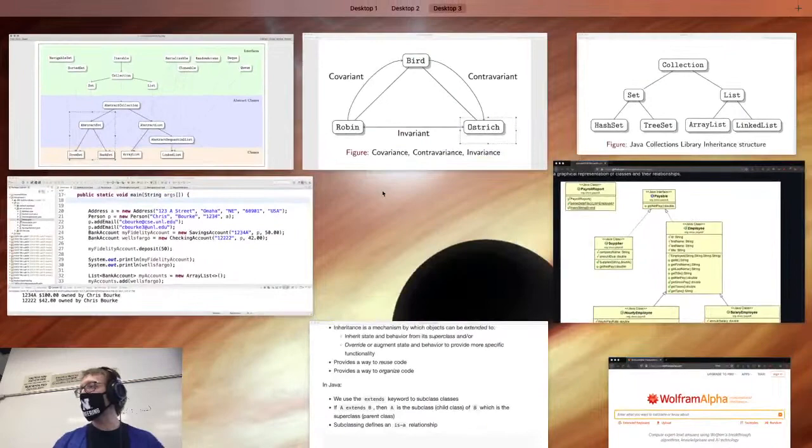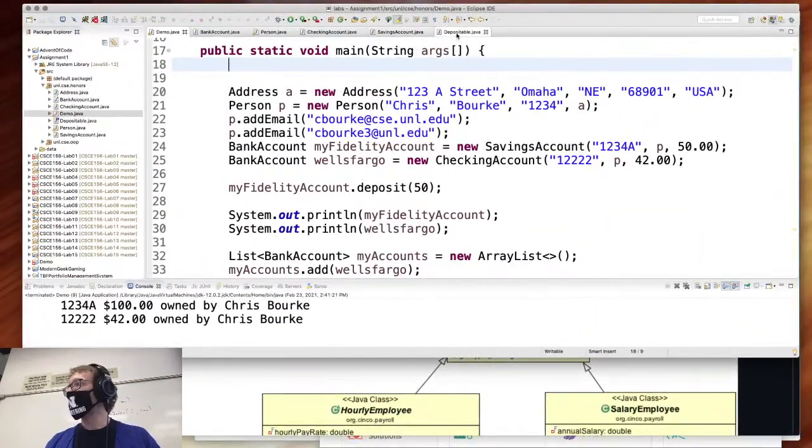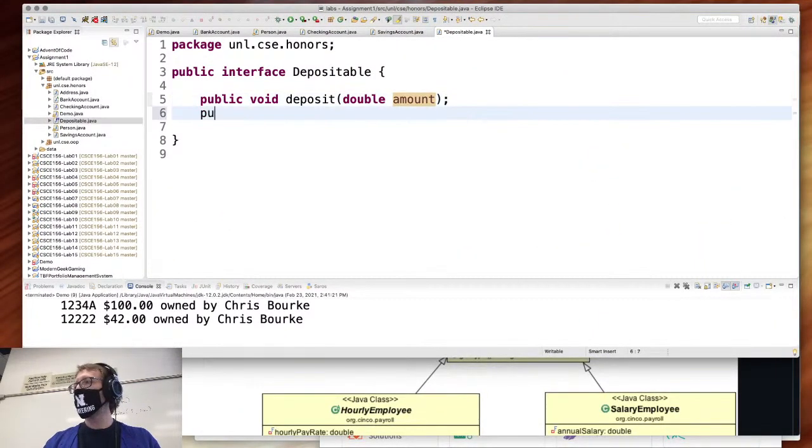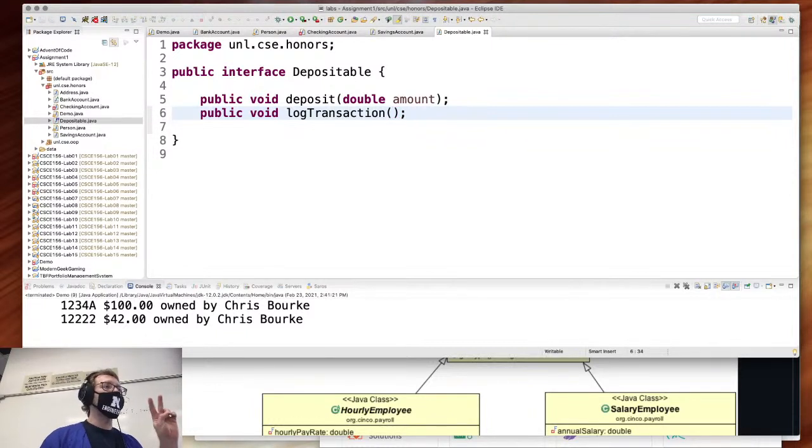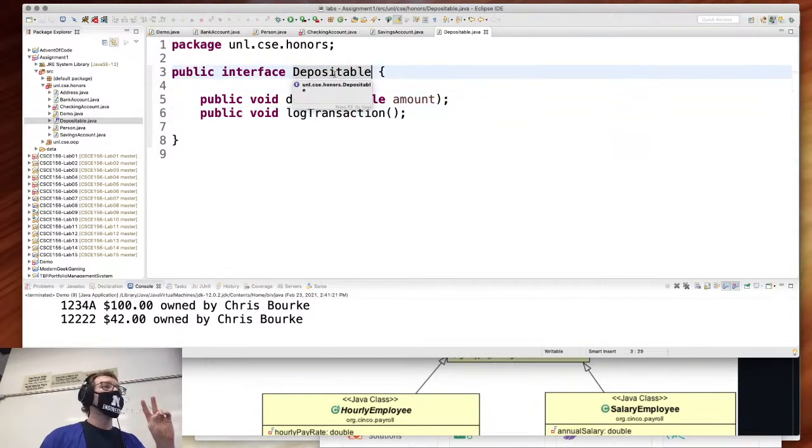For example, here's another example. Depositable, public, void, log transaction, and then whatever. I've put two abstract methods into this depositable interface. That locks me into a hierarchy in a different way.